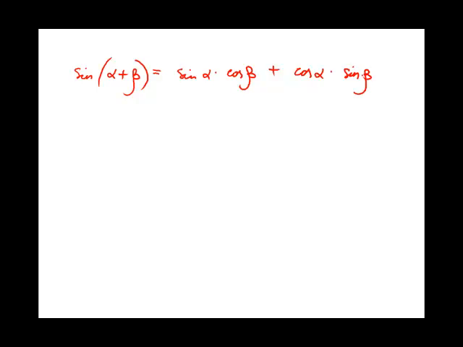Okay. Sine alpha minus beta is sine alpha cos beta minus cos alpha sine beta.